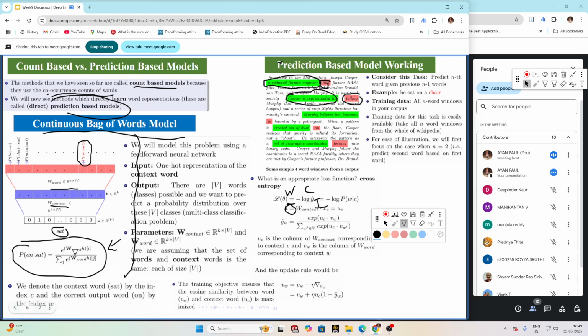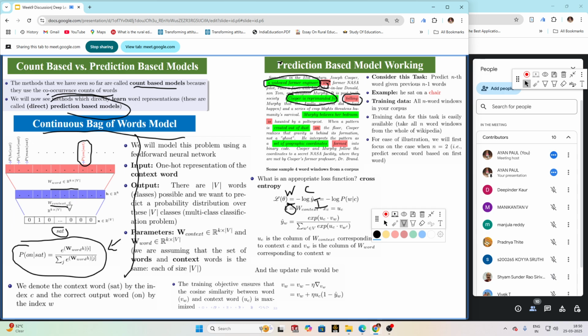We learned in the second or third lecture that wherever there is a classification problem, the output function is always softmax and the loss function is cross entropy. Then we train our neural network, and our weights, W word and W context, will be learned.